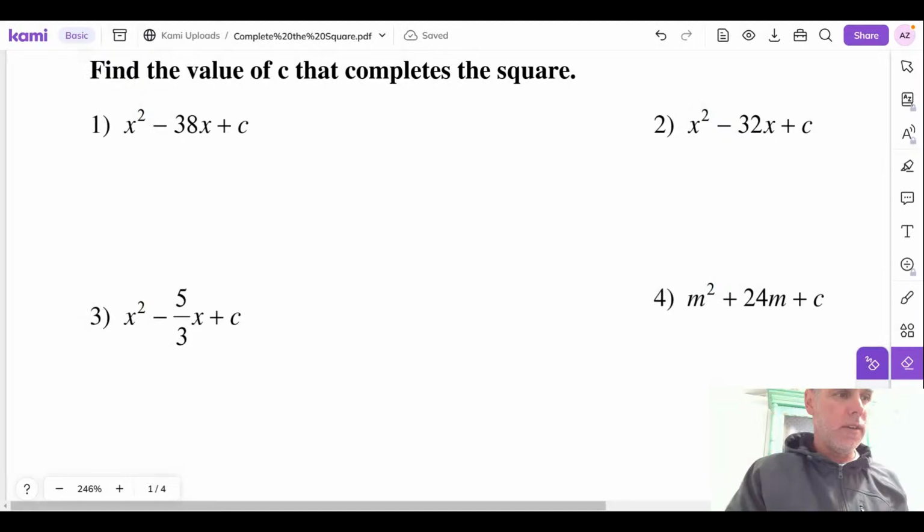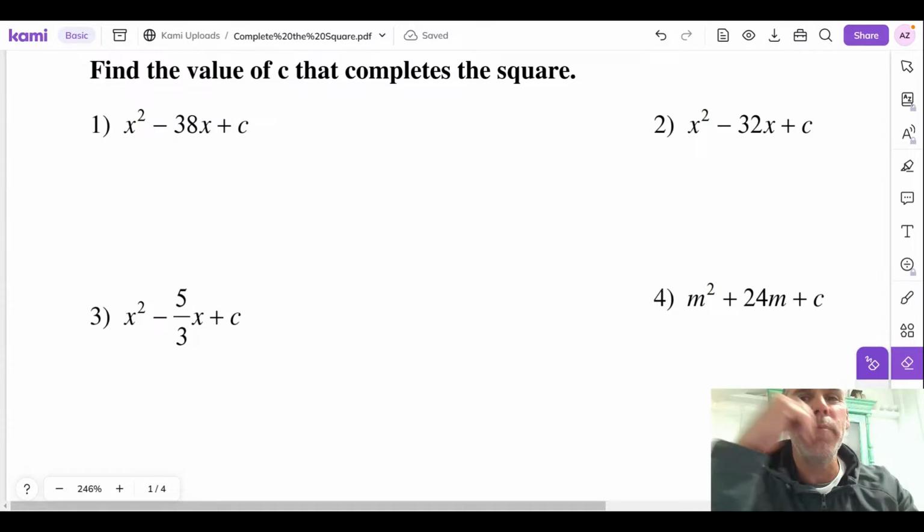I'm just making sure that it all goes well. Hopefully I'm sharing my screen. Yes, I'm sharing my screen. This is great. If I switch, is it going to stay? Okay, that's good.